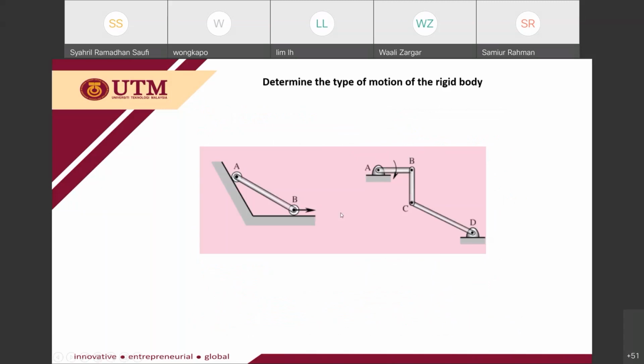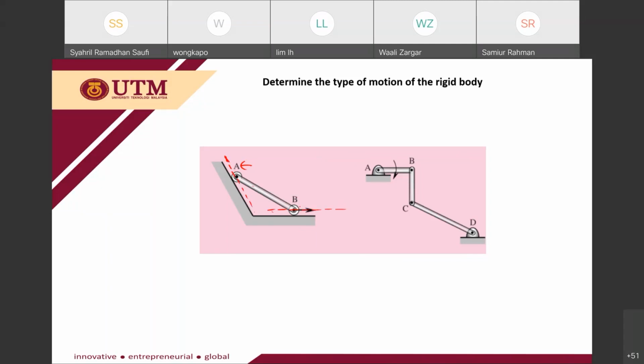First we need to determine the type of motion of the rigid body. We do some exercises to determine the type of motion of the rigid body. Let's say I have the rigid body AB. At point A, the velocity line is this line, and the velocity line of B is this line.